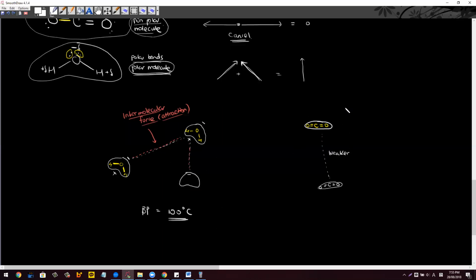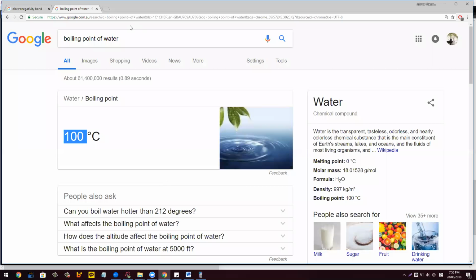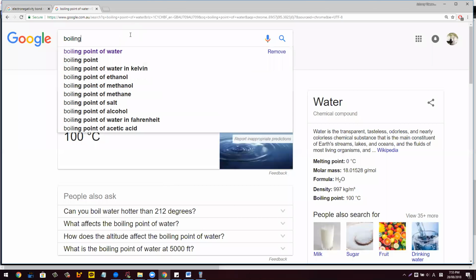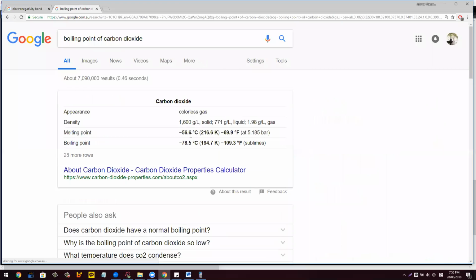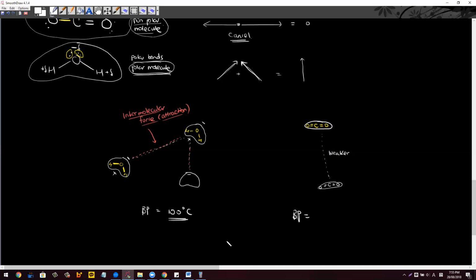Now, how easy is it to break the bond over there? If we look at the boiling point of carbon dioxide, it is around negative 78 degrees Celsius. So at minus 78 degrees Celsius, it is already gas.